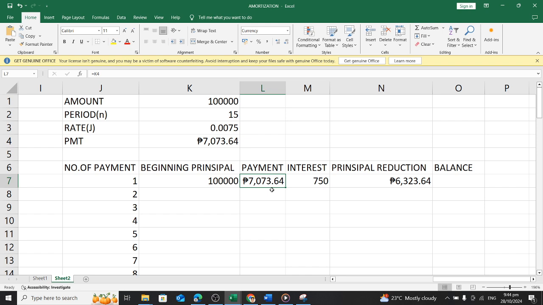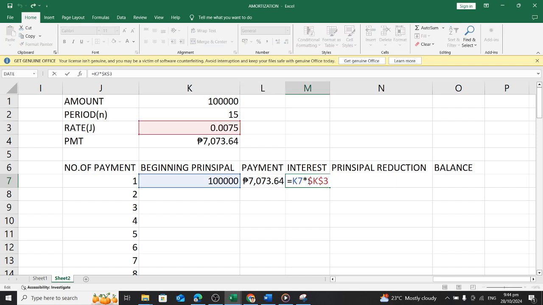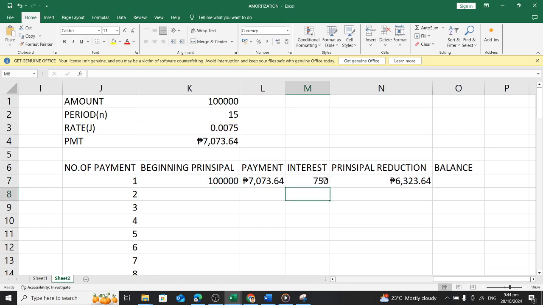So we can write it now. The payment also gets a dollar sign because this is constant. So we have two constants: the regular payment as well as the rate. Not including K7, only K3 in this part. The rate only. The red one.